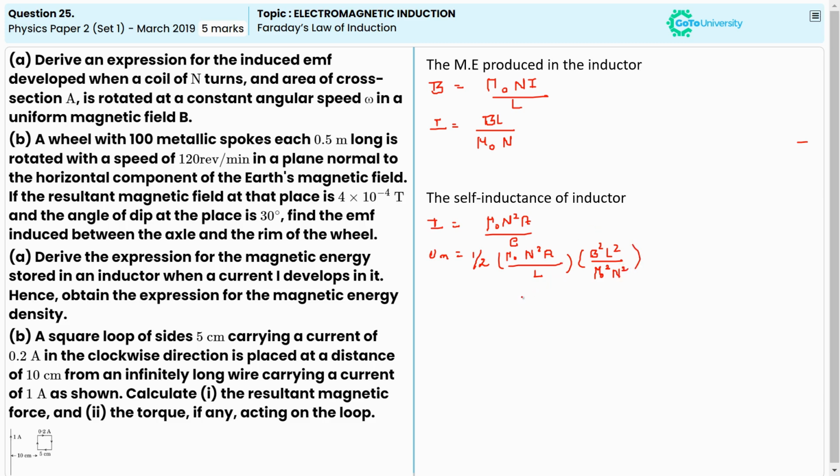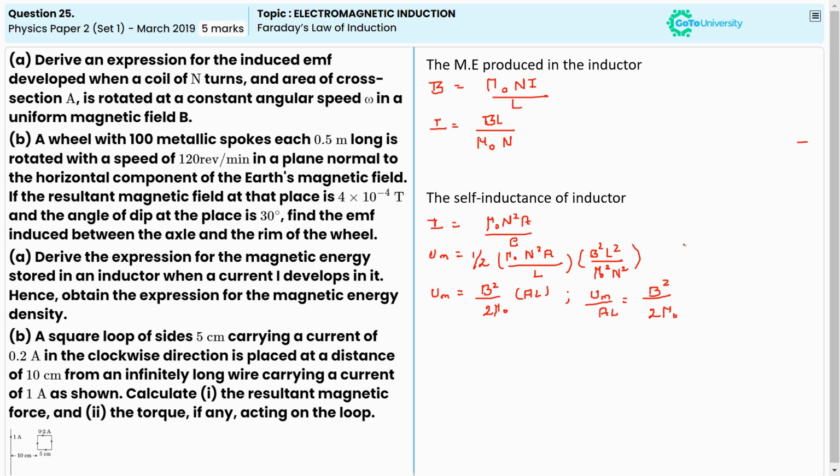Then U M is equal to B square divided by 2 mu naught times A l, which gives the result U M by A l is equal to B square divided by 2 mu naught.